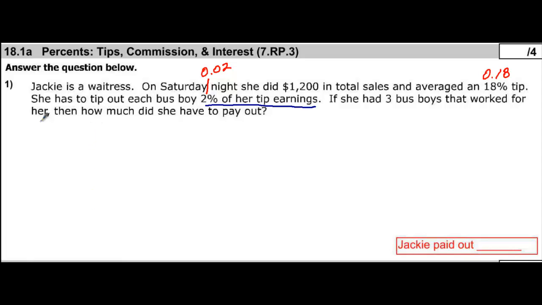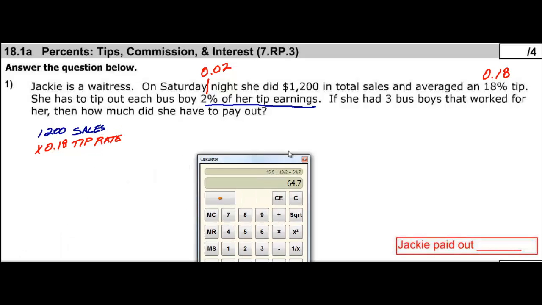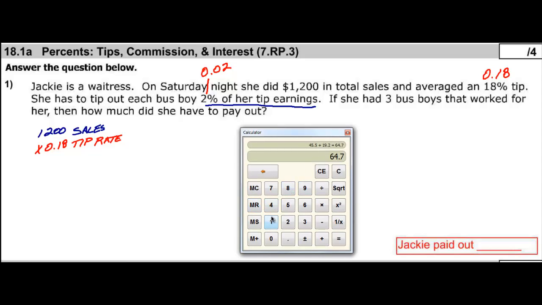So the first thing we need to know is, what did Jackie get in tips that night? And to do that, we're going to start with $1,200 in sales and an 18% tip rate, 0.18. And as I said, we're going to use a calculator. We're going to use the tools, realistic tools here.